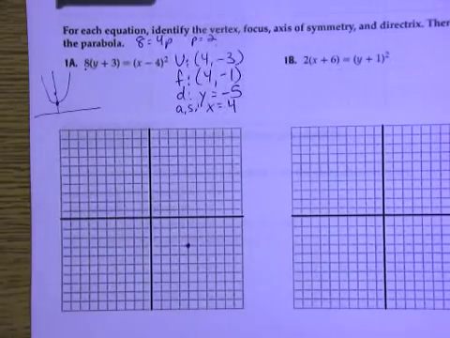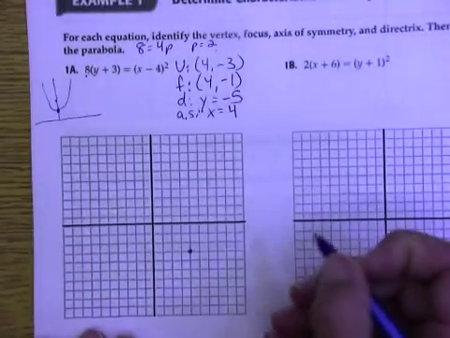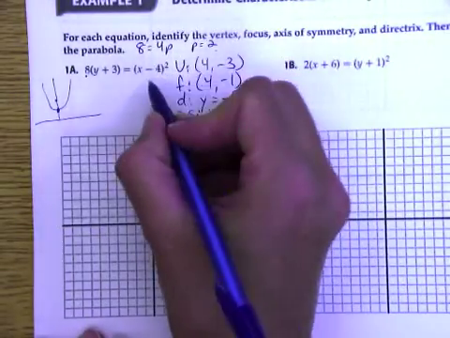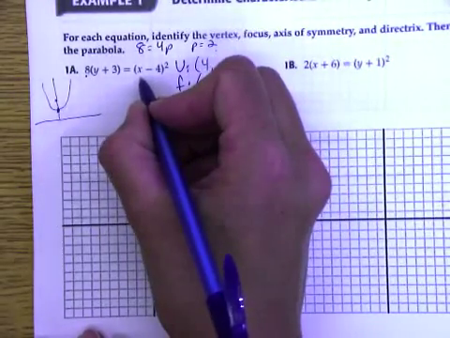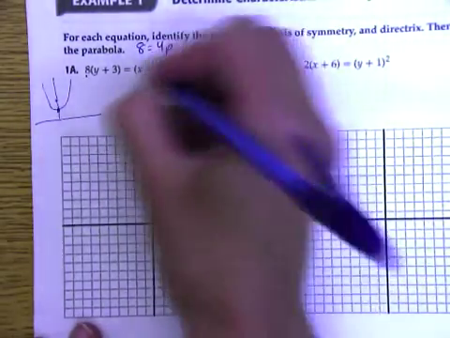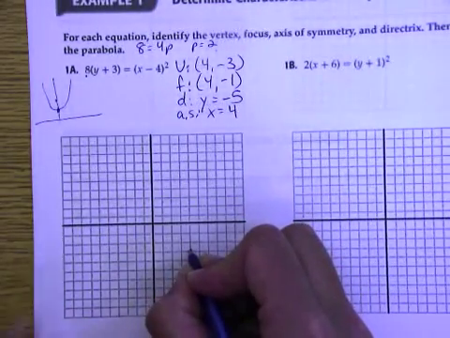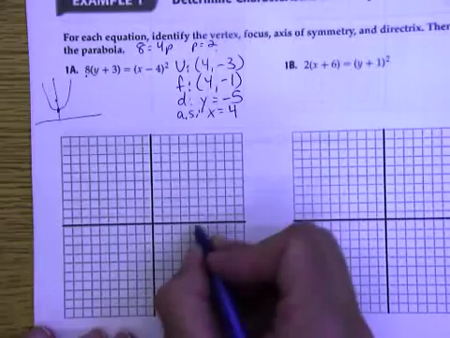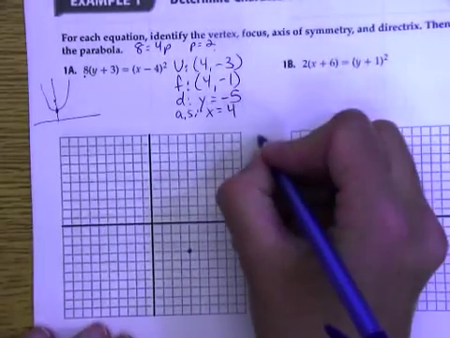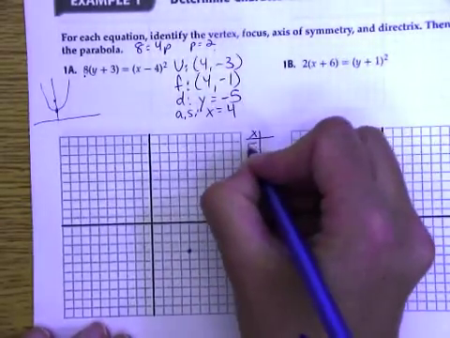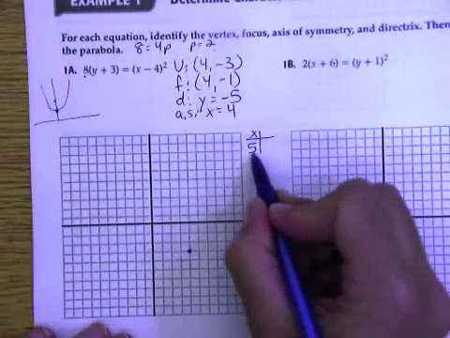And then I need maybe 1 or 2 extra points. Well, I can plug in a number and then use the axis of symmetry to get another point. So, for example, I can plug in 1 for x. I'm sorry, not 1. My vertex is at 4, so maybe I want to plug in 5.